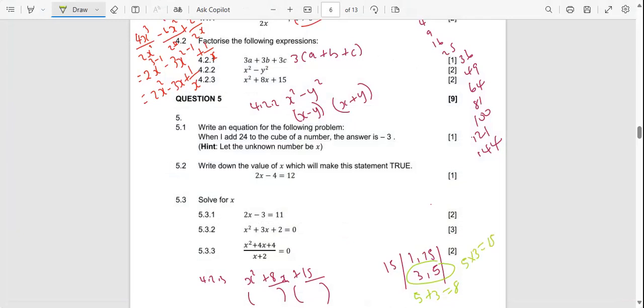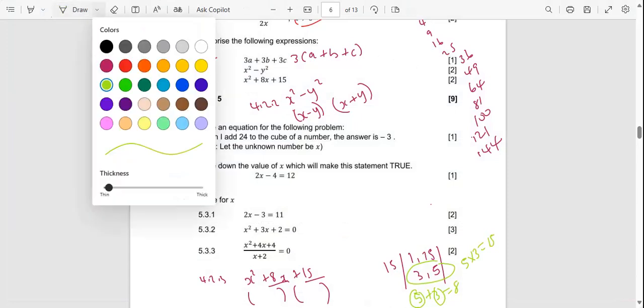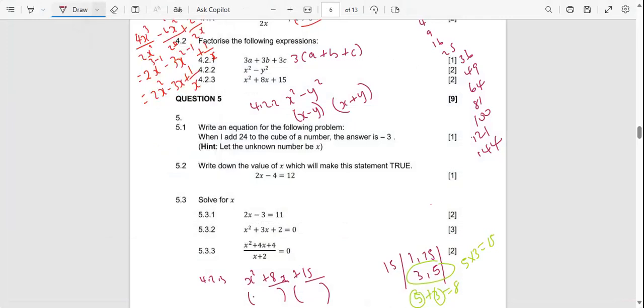And I will have 5 in my first bracket, and positive 3 in my second bracket. Okay, x plus 5 and x plus 3. That's it.